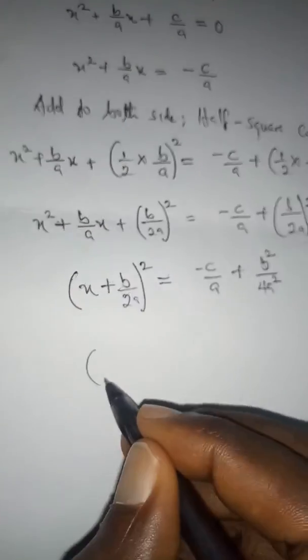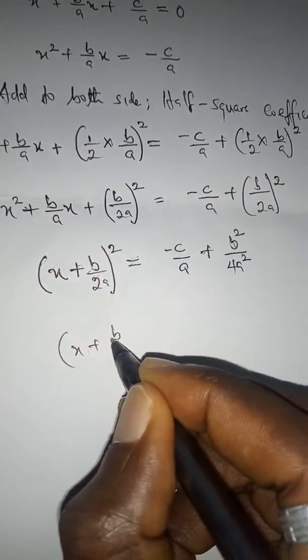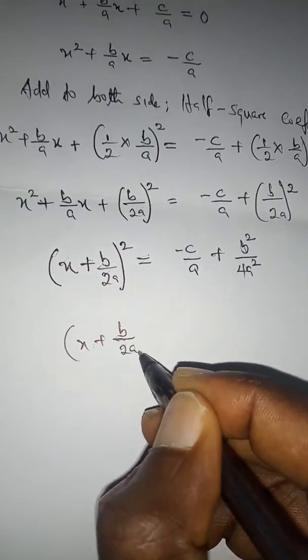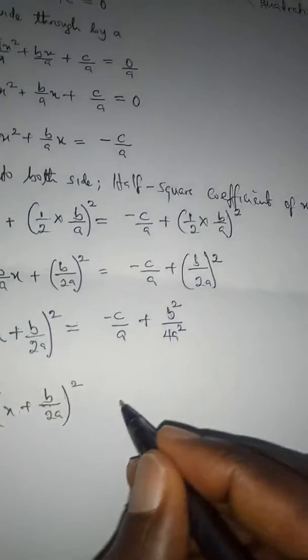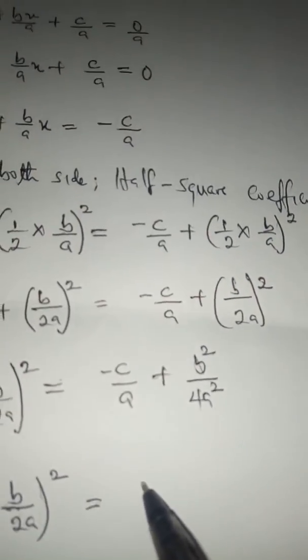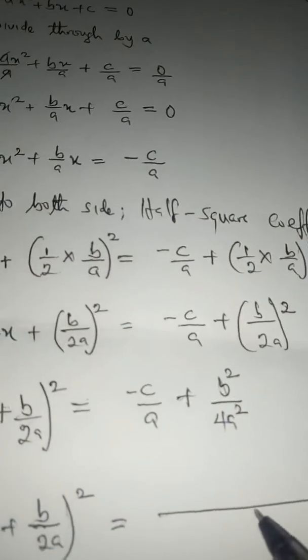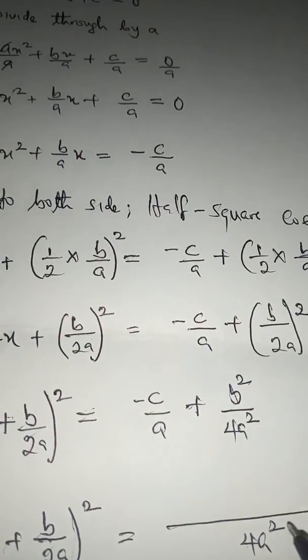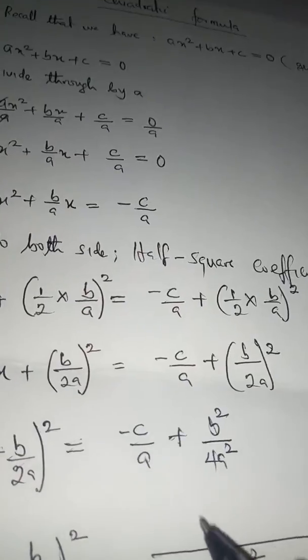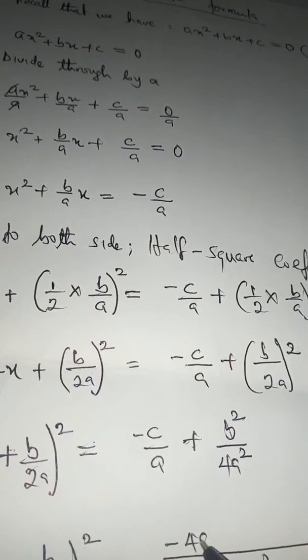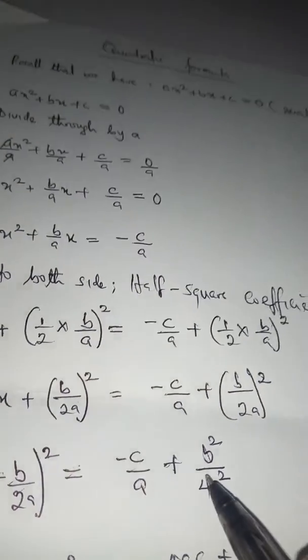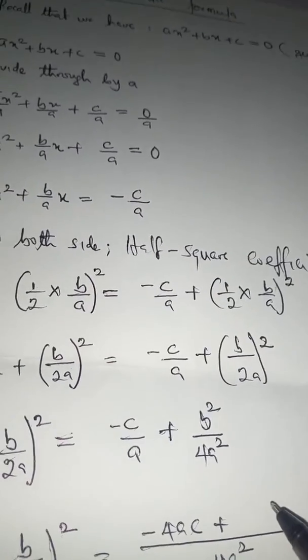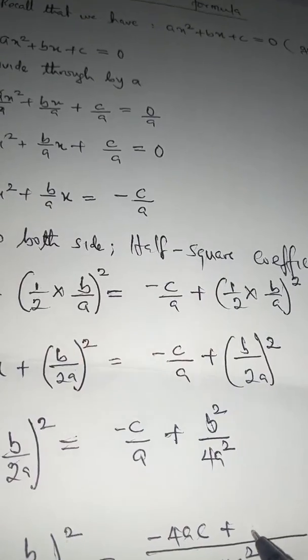Yes, we need to proceed. x plus b over 2a, close the bracket, squared, equals, taking the LCM, 4a squared. In 4a squared we have 4a times c, minus 4ac, plus 4a squared in 4a squared, that is 1, times b squared, that is b squared.